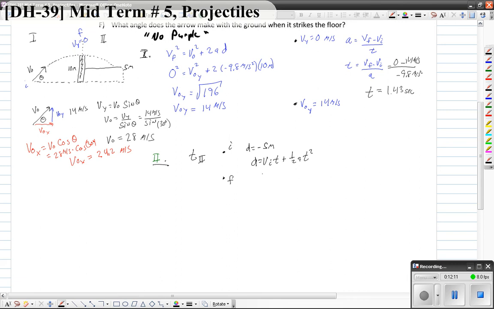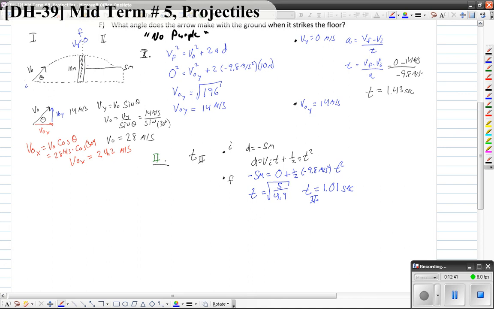I would plug in the displacement, -5 meters. The initial velocity is now 0 at the top. Plus, again, the acceleration is -9.8 meters per second squared times t squared, or t squared equals 5 divided by 4.9. Take the square root. That's going to give you a time that's loosely 1 second, but let's round to 1.01 seconds. And this is going to be t2.